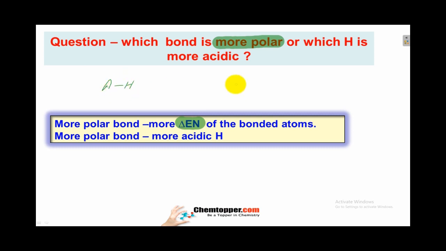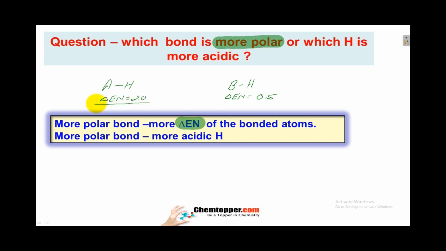A is bonded to H and B is also bonded to H. The difference in electronegativity of A from H, let's say, is 2.0. And the difference in electronegativity of B and H, let's say, is 0.5.